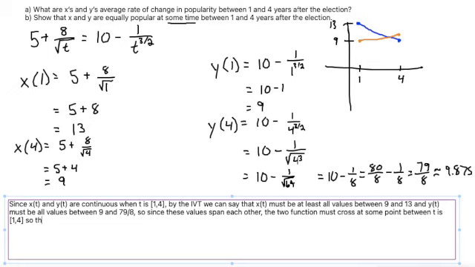So the two politicians are equally popular at some value of t between 1 and 4.